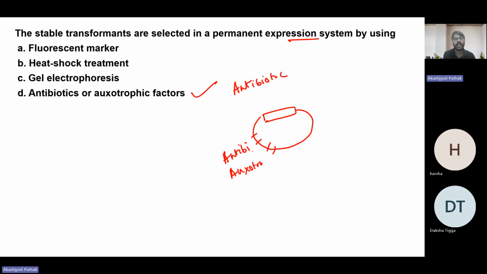That will ensure that only those cells are able to survive which have taken up this recombinant plasmid. So that is the basic concept. Different strains have different auxotrophic factors, and you can go into the detail of which has what type. Answer is option D.